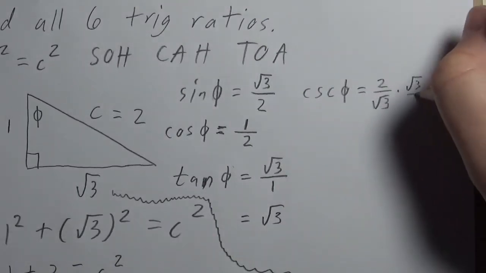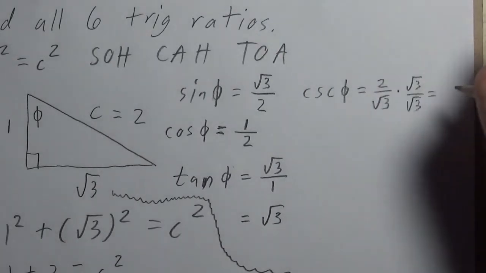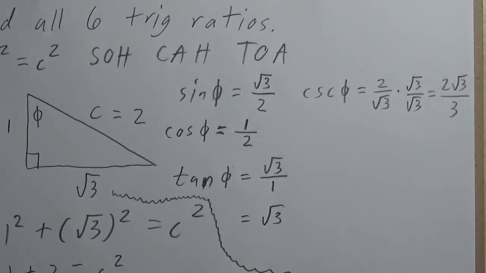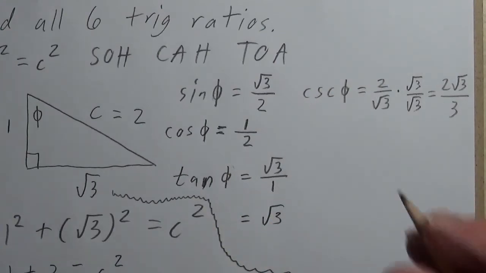Multiply it by 1. Why did I choose that 1? For another time. And you get 2 root 3 over 3. And that is the correct answer in pre-cal and algebra 2 and other courses besides calculus as to what the cosecant ratio is according to this triangle.